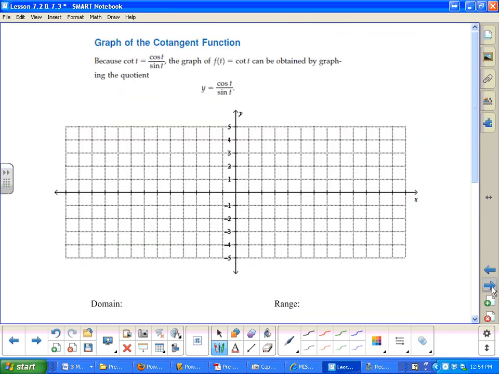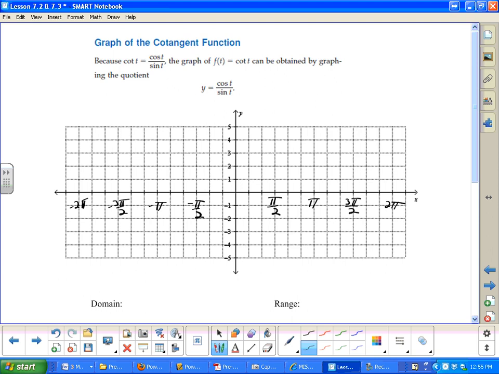Cotangent. All right, so if you want to draw the graph of cotangent then. Now, just like when we drew tangent, we didn't put sine or cosine on there.